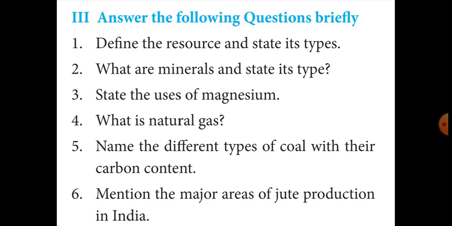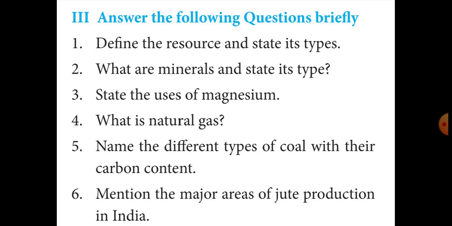Page number 170, Introduction heading, first line: Any matter or energy derived from the environment that is used by living things including humans is called a natural resource. Close the bracket.